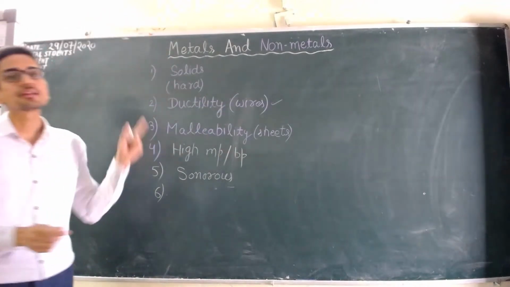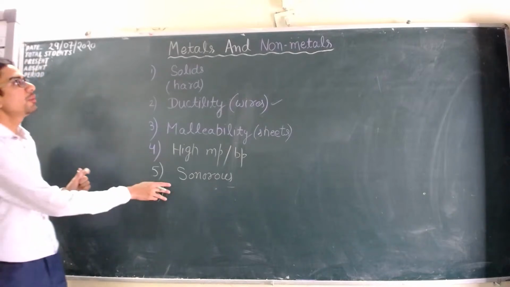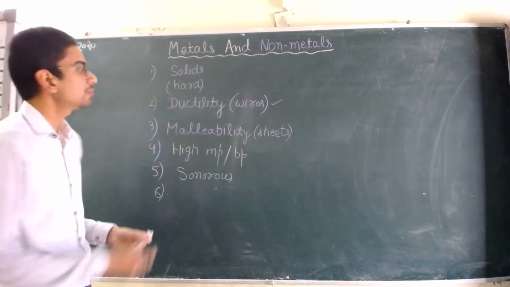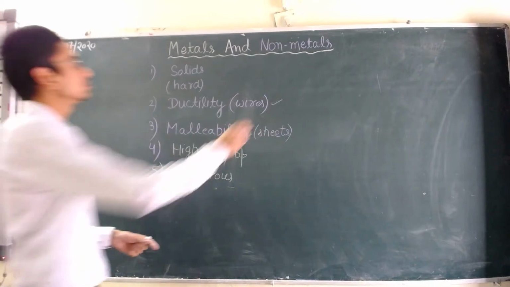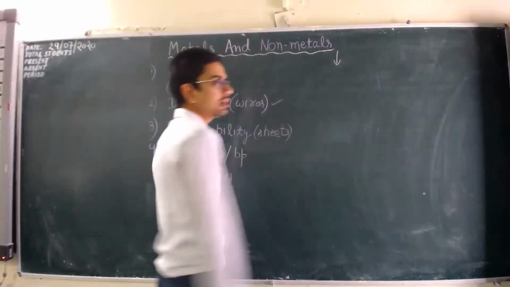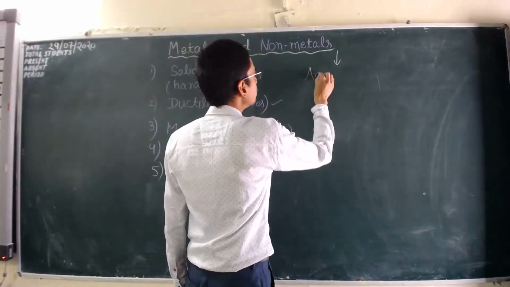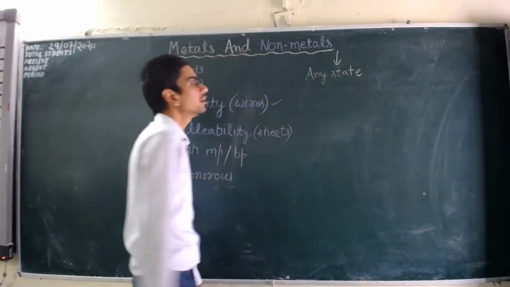Non-metals are almost the opposite of metals. Non-metals can be solids, liquids or gases. They can be found in any state, but generally they are in liquid or gaseous form.